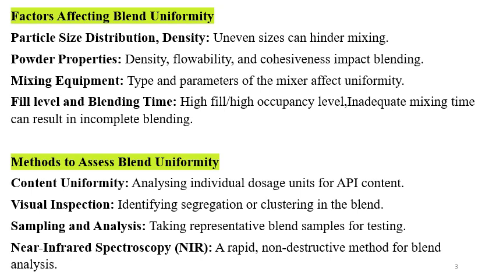So whatever the excipients and APIs are coming into the manufacturing, the uneven sizes and density can hinder the mixing process, may lead to segregation, non-uniform mixing, and affect the BU. Powder properties like density, flowability, and cohesiveness impact the blend properties and blend uniformity.